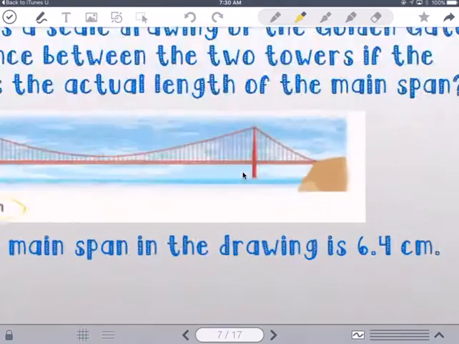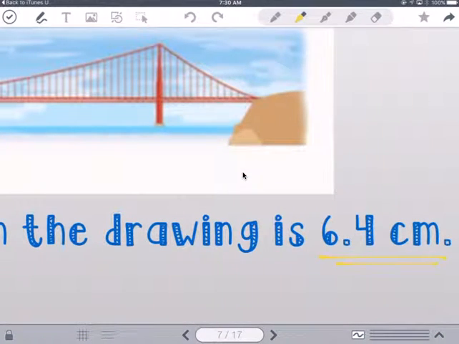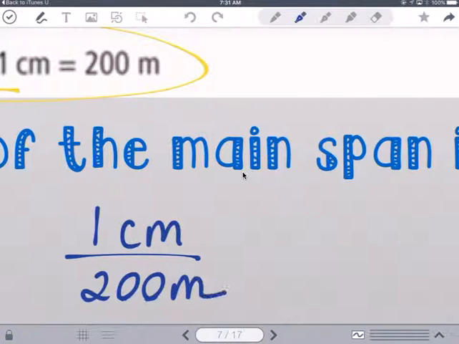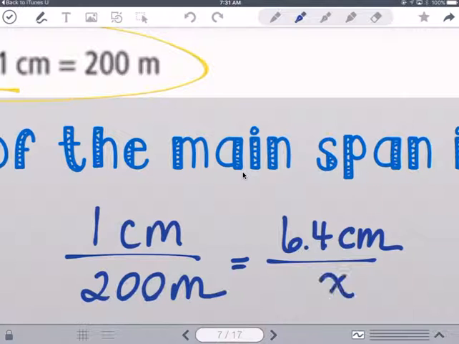So it says that the drawing is 6.4 centimeters. So we know that 1 centimeter is equal to 200 actual meters. And we know the drawing is 6.4 centimeters. So what is the actual length of the Golden Gate Bridge?